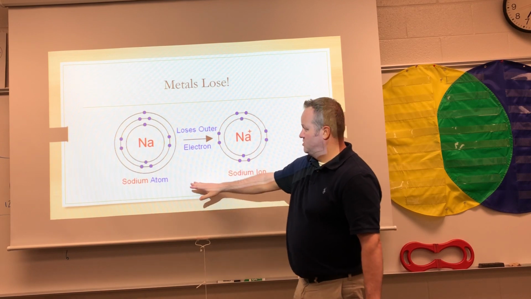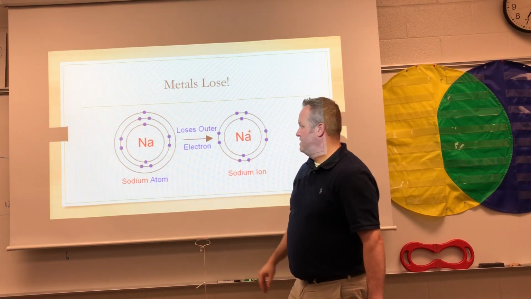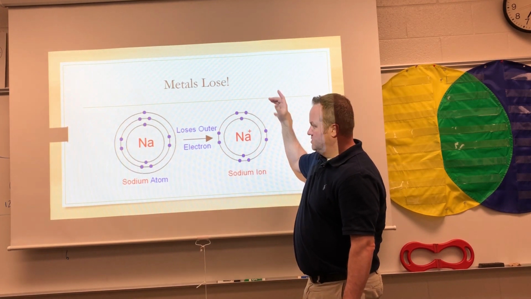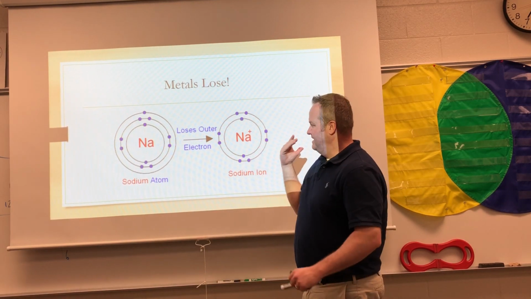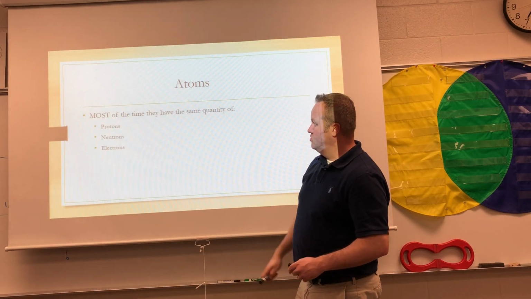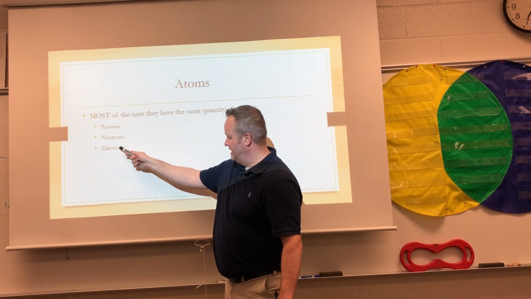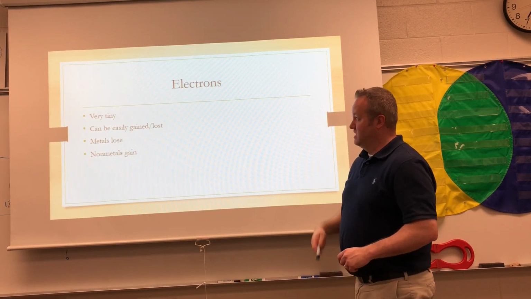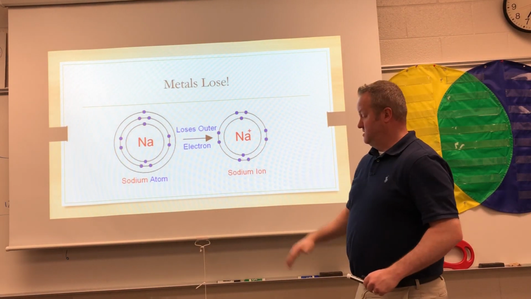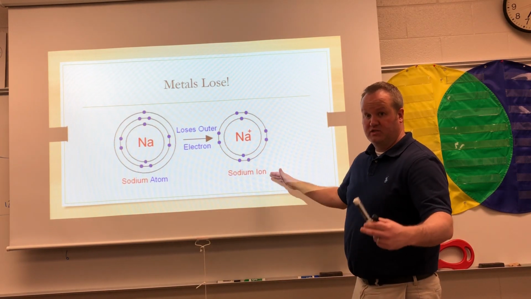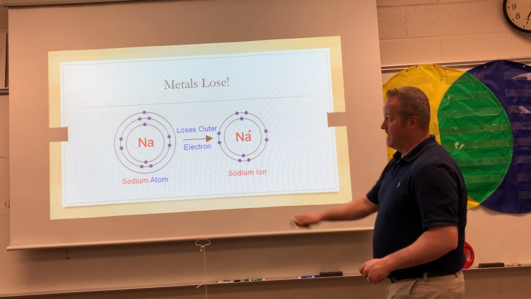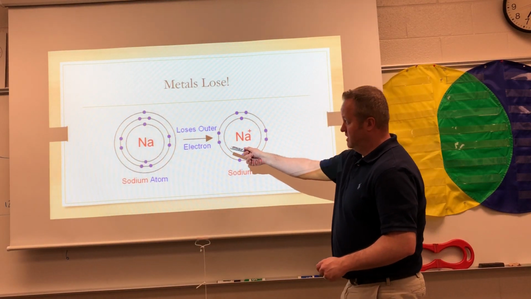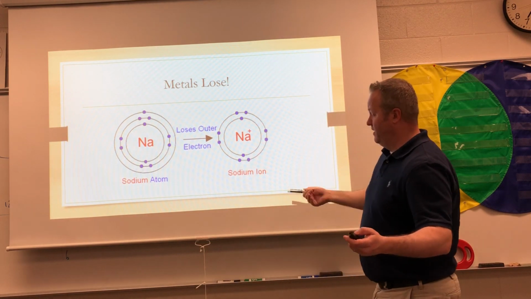For sodium to become an ion, it will lose one of those electrons. So the definition of ion is an atom where you do not have the same amount of electrons and protons, that an atom has either gained or lost electrons. A metal is going to lose the outside electrons. In sodium's case, you only have 1, so you only lost that 1.